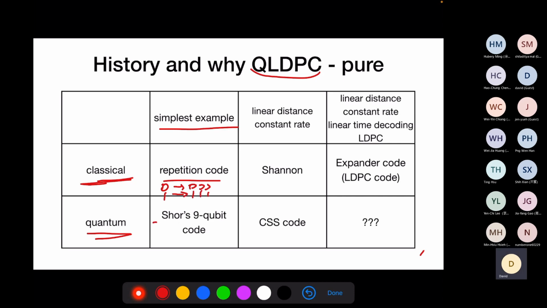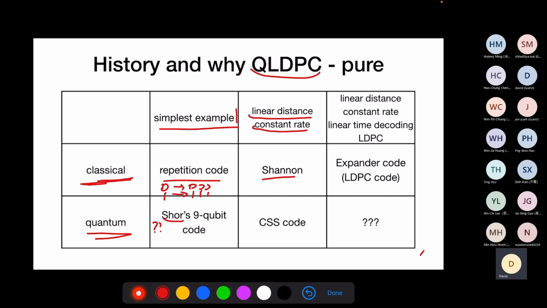For the quantum case, it wasn't so easy. It was not until Shor that someone found the 9-qubit code. After this simplest example, you would ask, can I achieve really large distance and a constant rate? In the classical case, Shannon's famous paper shows you can pick a random code book: you randomly pick your code words.